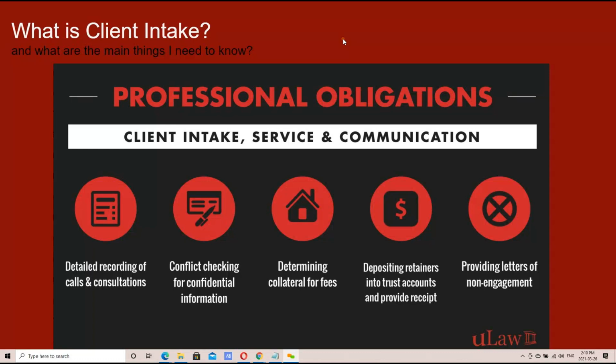So there are many different ways that a law firm or a legal firm can capture this client intake. But it's a very important step for you to consider, and there are certain nuances to how best and the types of pieces of information that you want to capture, regardless how you capture it.